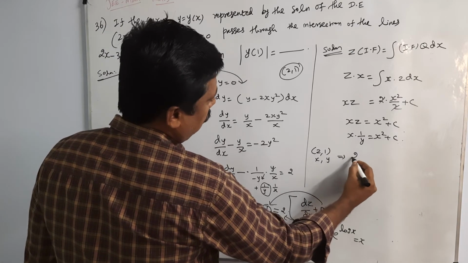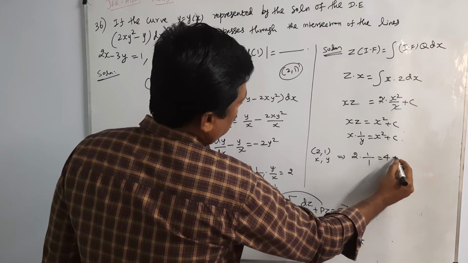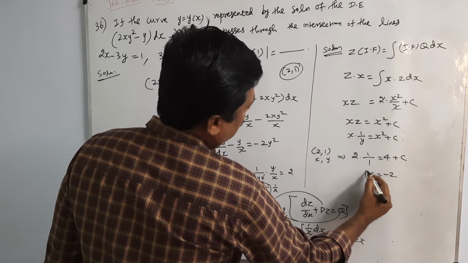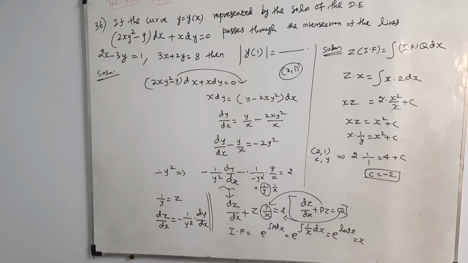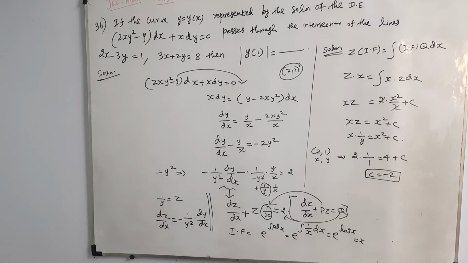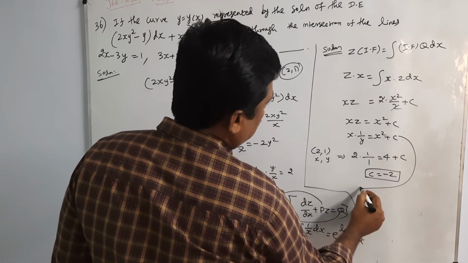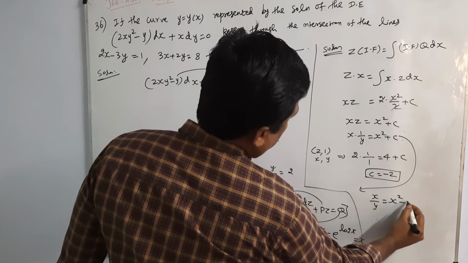So x value is 2, y is 1, equal to x squared is 4, plus c. So c value is minus 2. You apply this c in this equation, we get x by y equal to x square minus 2.